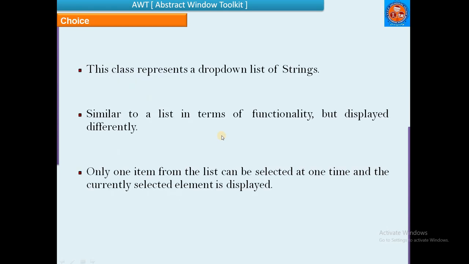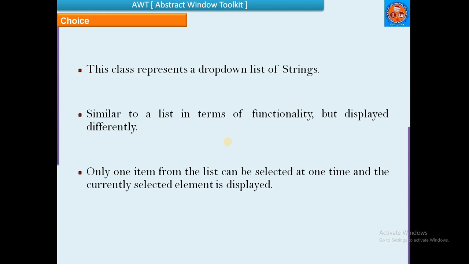And then another is Choice. It is just like a list. A list allows us to select multiple items, whereas Choice allows us to select a single item. Choice is used to display multiple items, but it allows the user to select only one item, similar to a list in functionality but displayed differently.